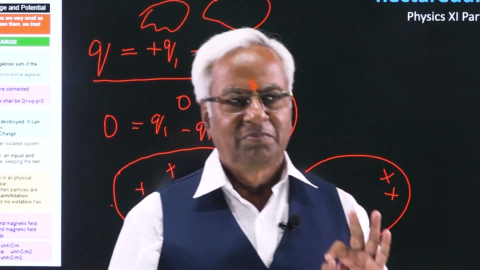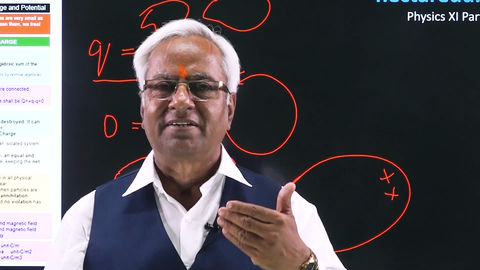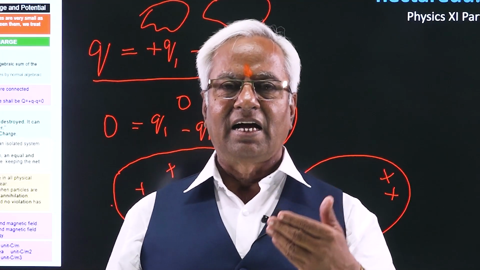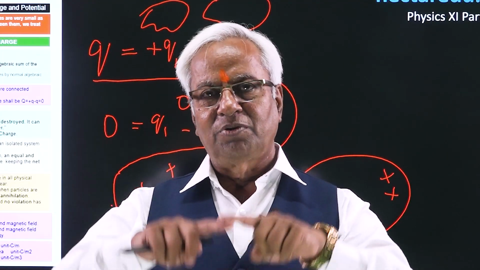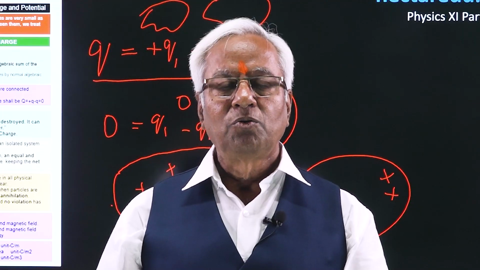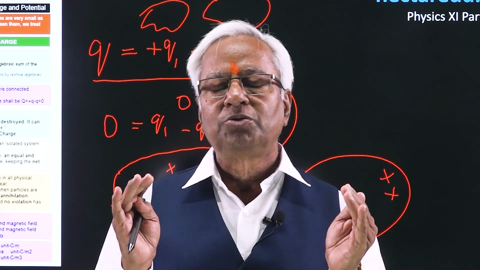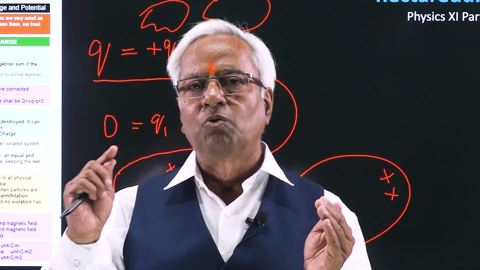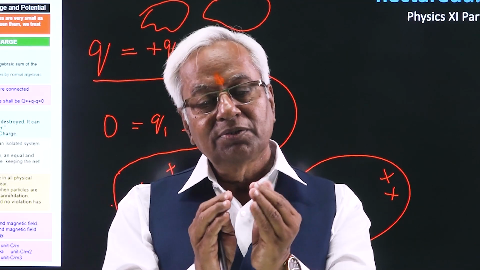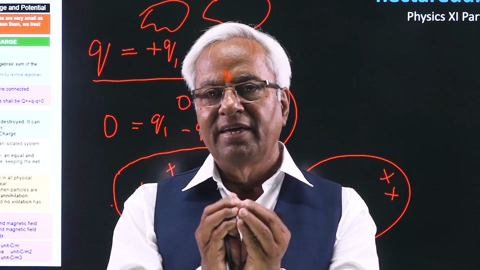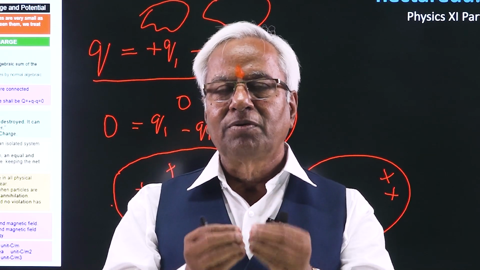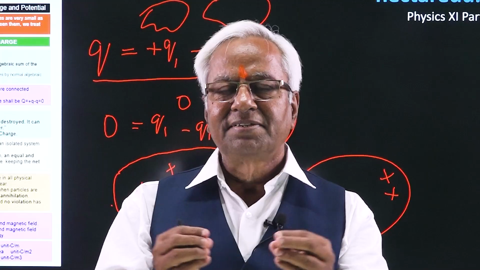But it is a pleasant matter that we know the total Earth is negative. Total Earth has a negative charge amounting to about 10 lakh Coulomb.